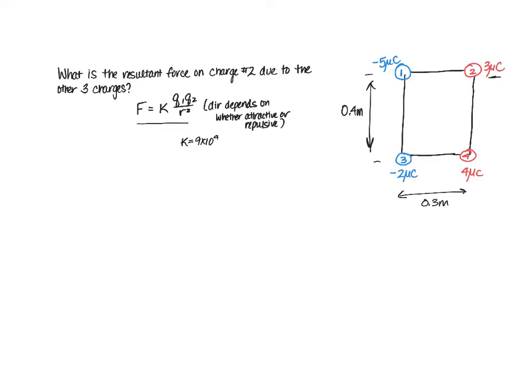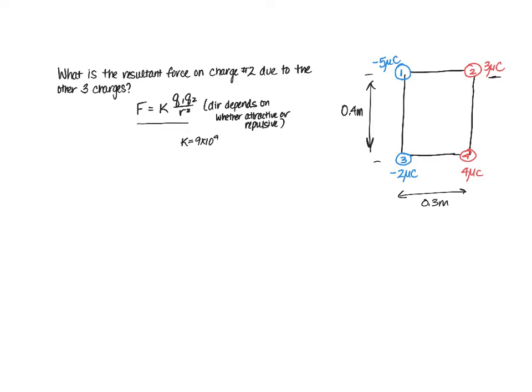And we'll use the fact of whether, when we're thinking about a pair of charges, they would attract the 3 microcoulomb charge or repel it, and use that to draw the force in the correct direction. Then we'll be able to get into the adding of the vectors.